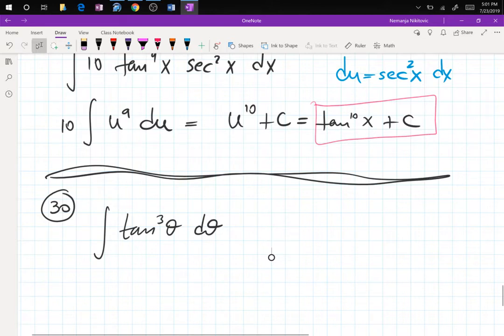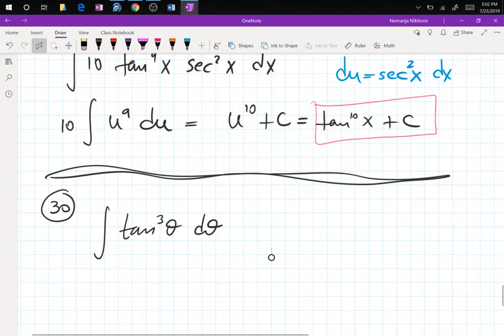No. Good. Can we use u sub right off the bat? Correct answer is no. Why? I see 3 of you shake your heads no. Okay, I agree. There's nothing to sub. So if you say the tangent is u, then what do you need for du?